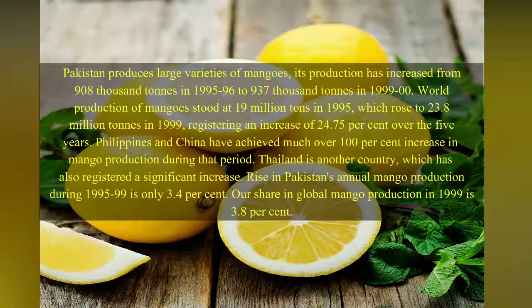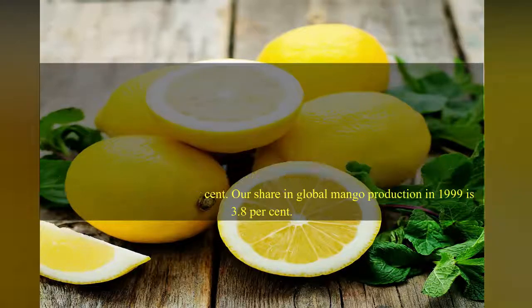Philippines and China have achieved much over 100% increase in mango production during that period. Thailand is another country which has also registered a significant increase. The rise in Pakistan's annual mango production during 1995-99 is only 3.4%. Our share in global mango production in 1999 is 3.8%.